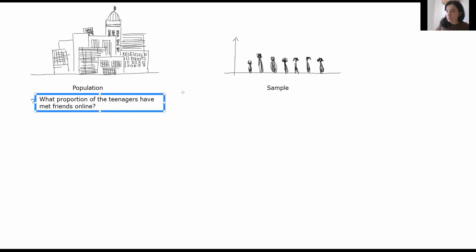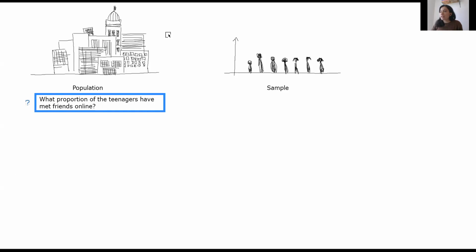Now, what we said last time is, okay, we start with this question, but we don't necessarily have the resources in order to collect information from my whole population over here. So if I wanted to interview every single person in my population, then I would have a lot of trouble trying to interview every single person, right? I wouldn't have the resources, I wouldn't have the time, it wouldn't be feasible, and so on.